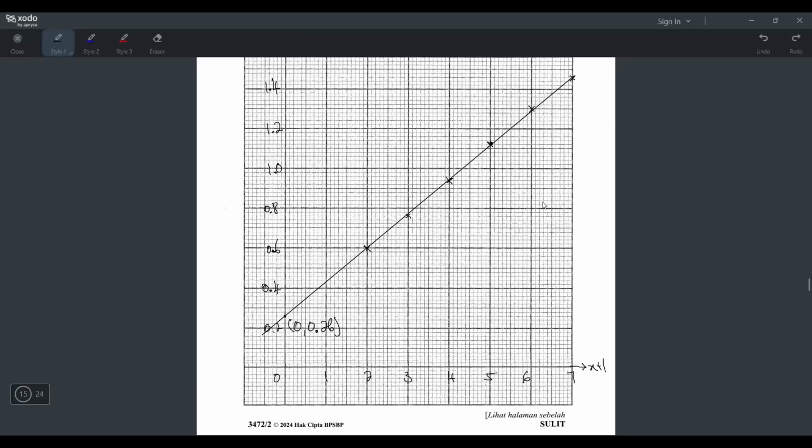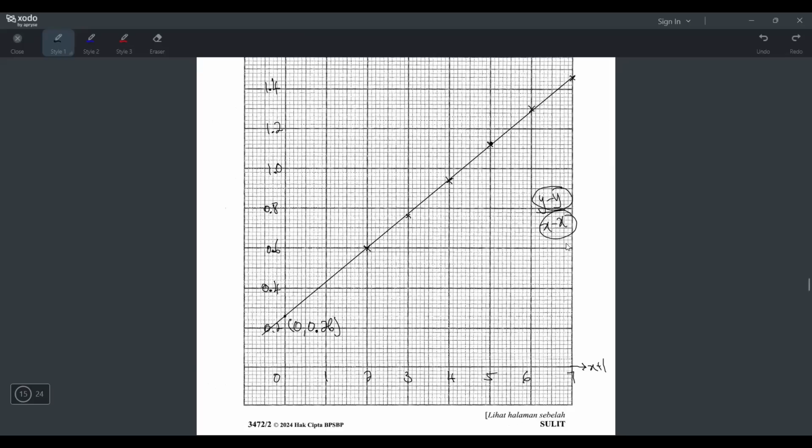So let me explain a bit. Your gradient formula is y minus y over x minus x. It means you ambil beza y bahagi beza x. You take the difference in y, divide difference in x. So if you take 0 until 5, later your beza X will be 5. And when you divide 5, you will end up with a better answer compared to kalau you punya beza X is like 7 or 3. You faham maksud saya? So remember, apa nombor yang senang bahagi?